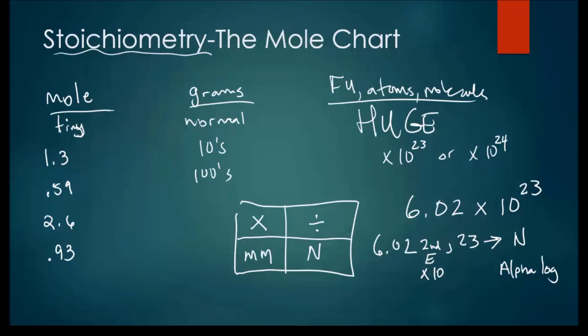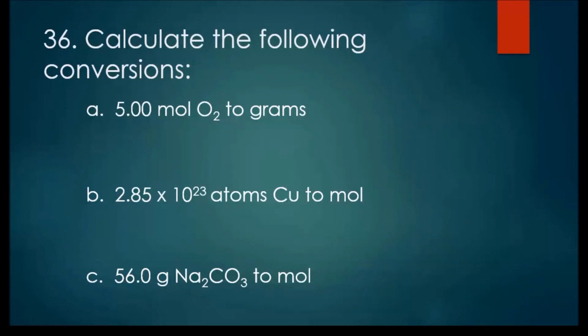Let's try it. 5 moles to grams. Did you press enter? Yes. I got error. Then you did it wrong. Moles to grams. Okay? What kind of number is moles? Tiny. What kind of number is grams? Normal.